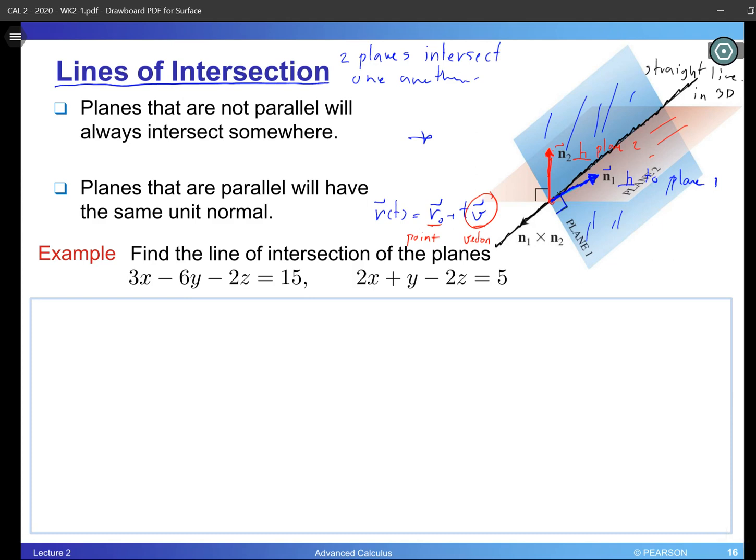You use the right hand rule, n1 cross n2, and in the end it's going to move in this direction orthogonal to both n1 and n2, and this direction in the end is the same direction as the line. n1 cross n2 here, make a note, is orthogonal to both n1 and n2, and it turns out that this is the same as the direction of the line of intersection, which is v.